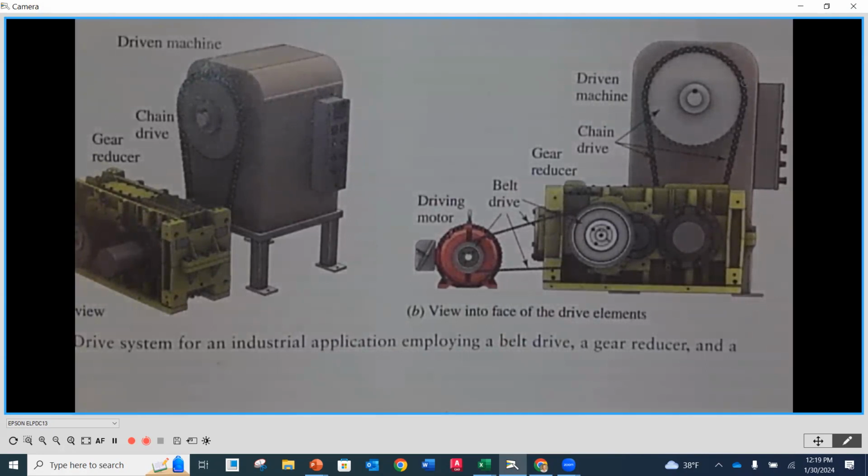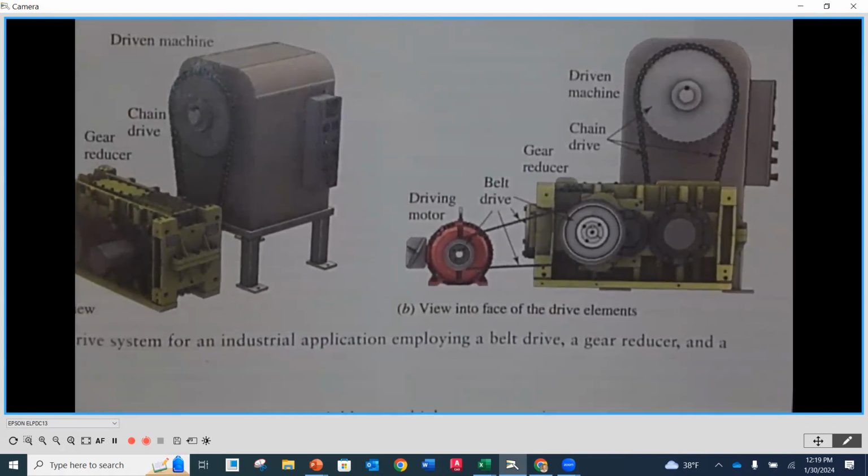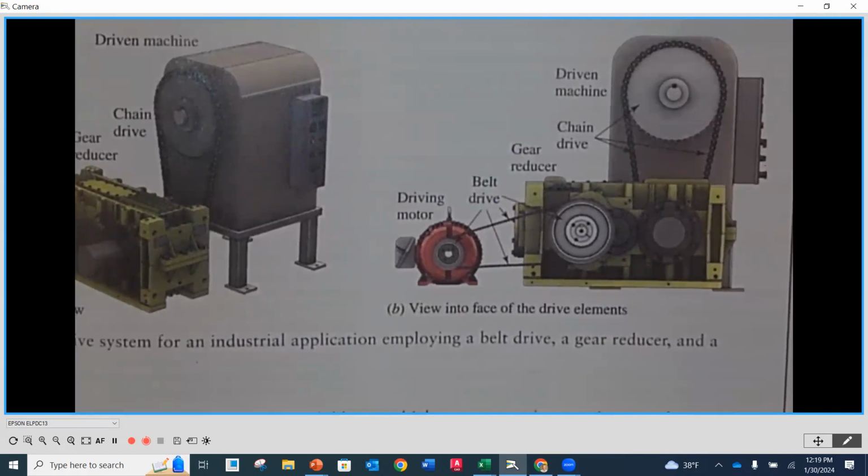Yes, sound is a big deal, right? And also vibration. These are going to vibrate a little bit less based on the materials they're made of. So usually on the high speed side, if you need the flexibility of exactly what you talked about, belt drives are usually going to be on the higher speed side, and then your chain drives are going to be on the lower speed side, where there's more torque and lower speeds that you're going to be dealing with.